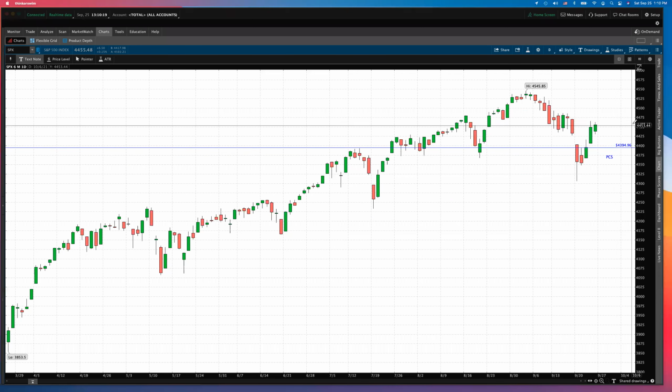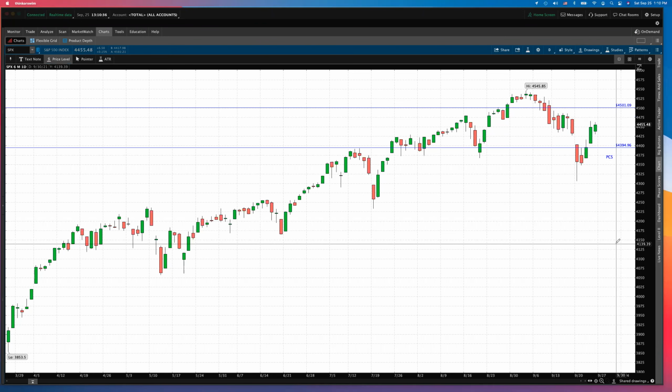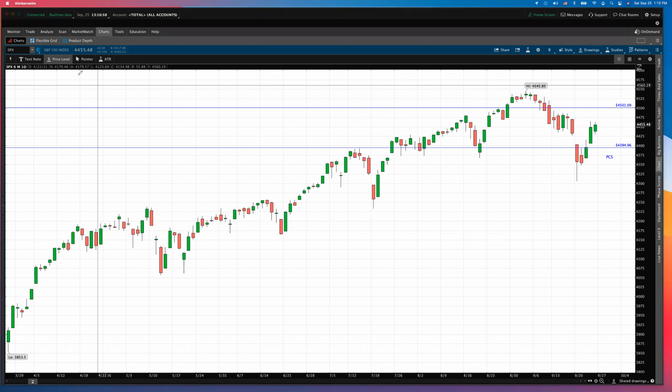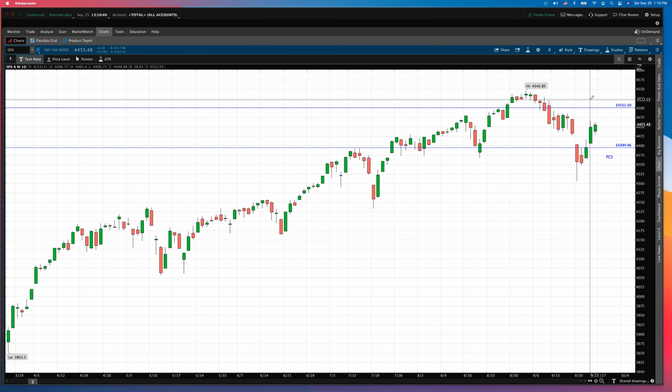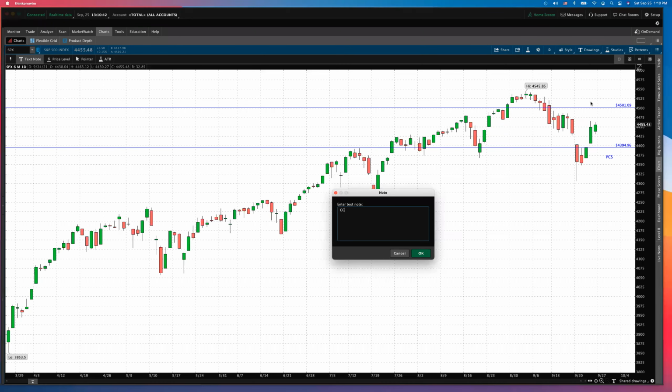If my thesis was that the price of SPX was not going to rise above 4,500, then I'd sell a call credit spread. I'm just going to put an arbitrary line over there, and this is going to help me explain this concept.